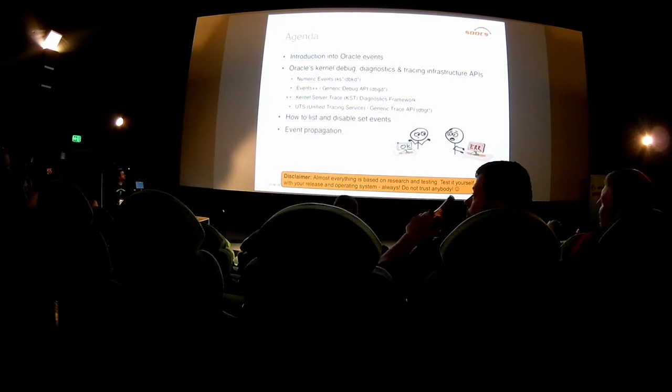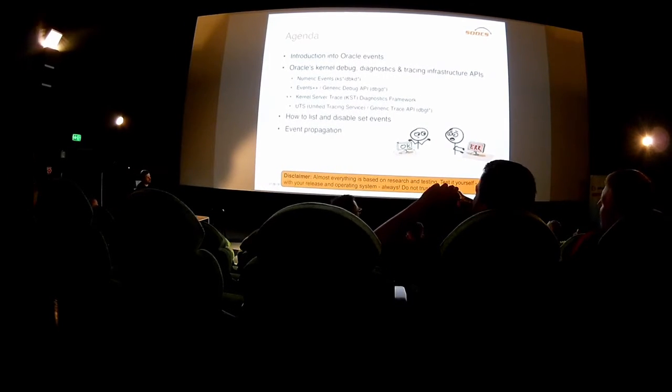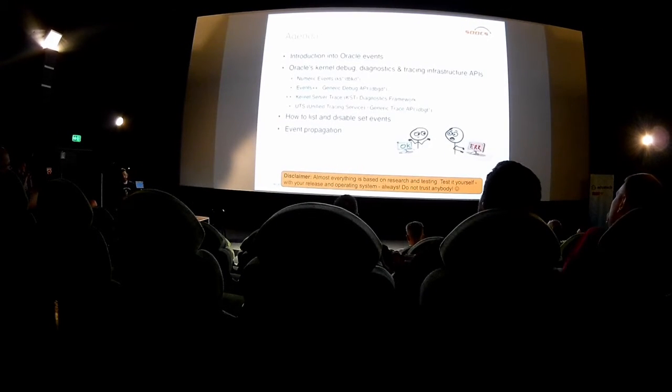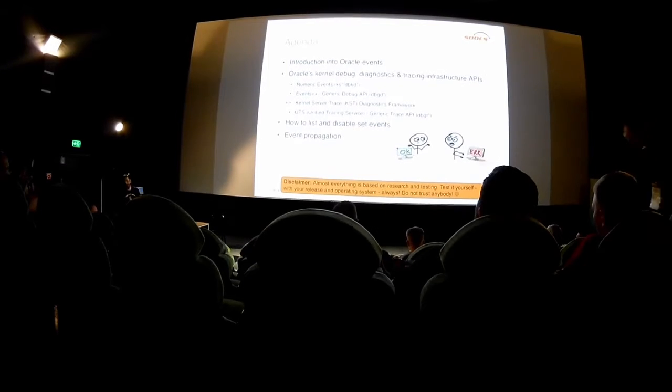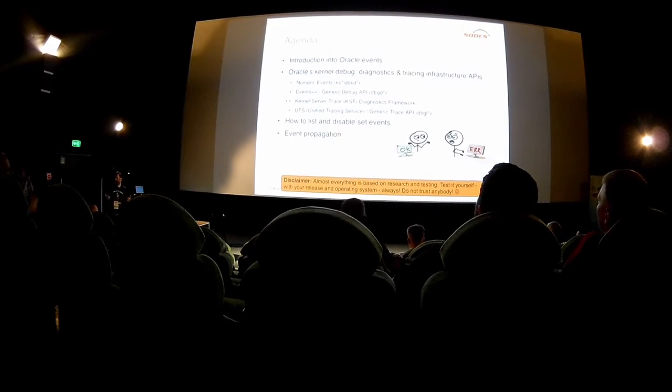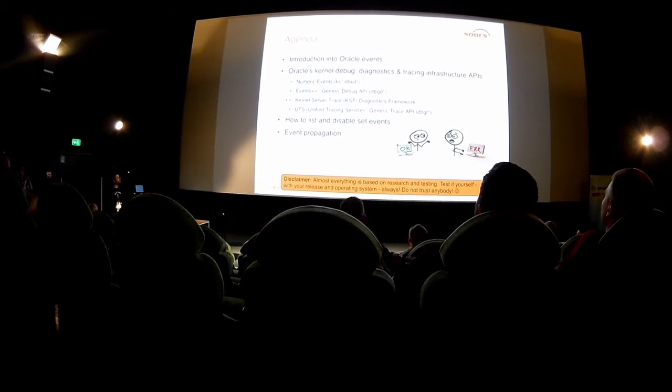We will have a look into Oracle events, and so basically about the Oracle kernel's debug, diagnostic, and tracing infrastructure. This infrastructure basically consists of 3 APIs. One is the numeric events, that's the old event stuff that you maybe already know. It's implemented in the kernel with C functions which start with KS or dbkd.